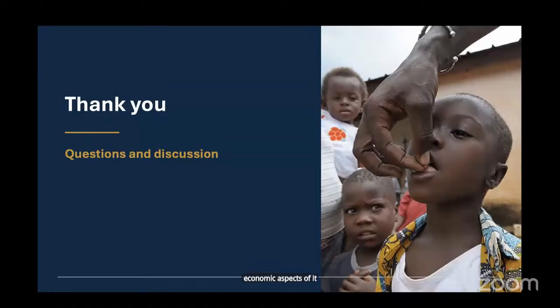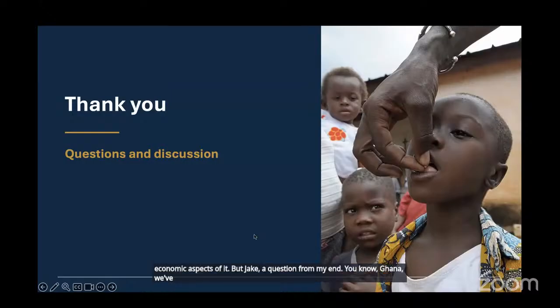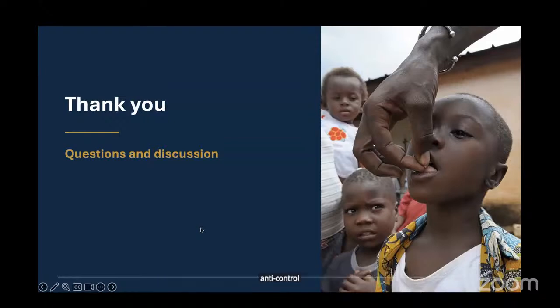But a question from my end. In Ghana, we've tended to rely heavily on donor funding for NTD control activities, given the fiscal constraints within the global health space from funding agencies and the developments in the US.